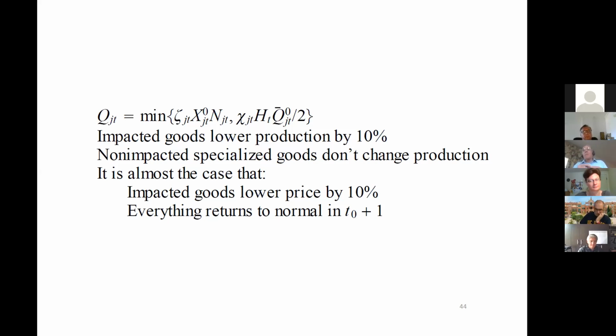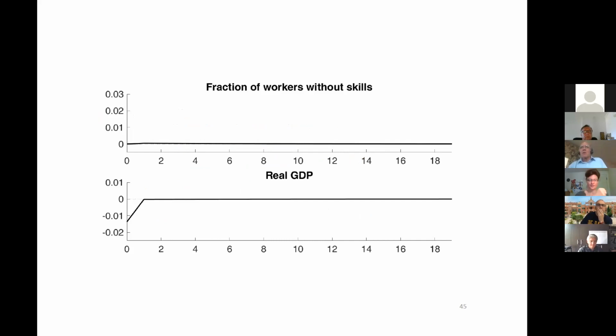And to a first approximation, everything's going to return to normal next period. There are some more complications. I think I won't spell those out. They're not too important. But basically, here's what the story looks like for that example.